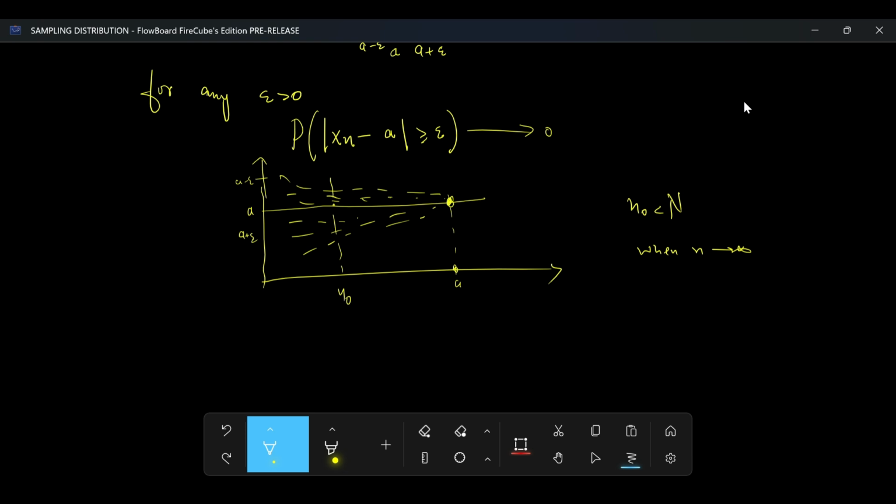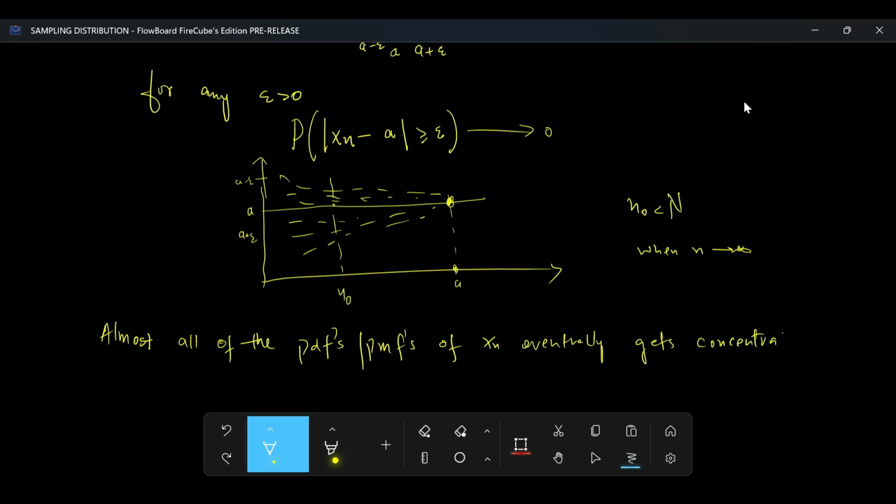Or we can say almost all of the PDFs, PMFs of Xn eventually get concentrated close to a as n tends to infinity.